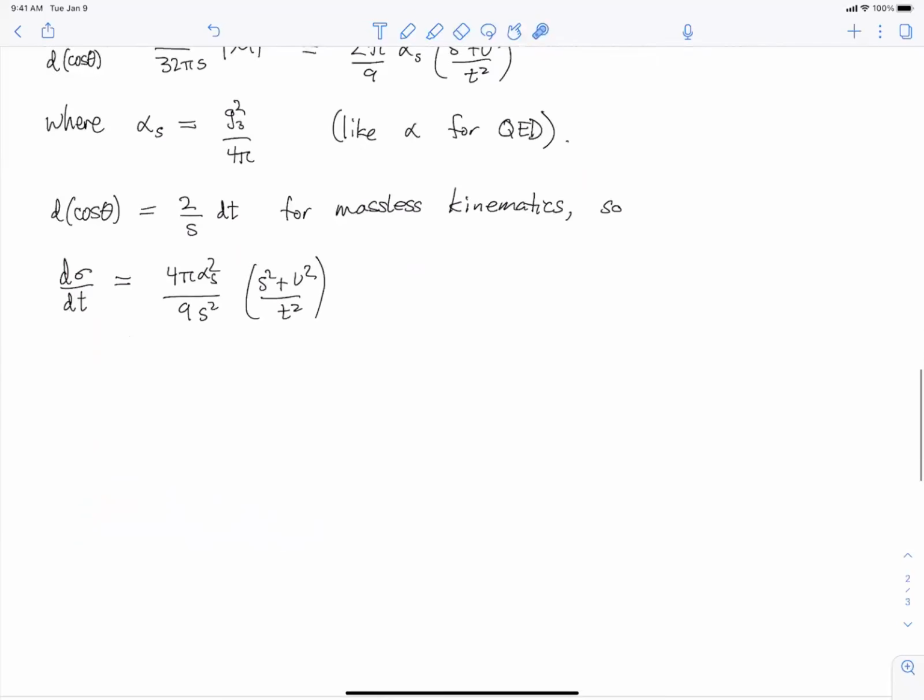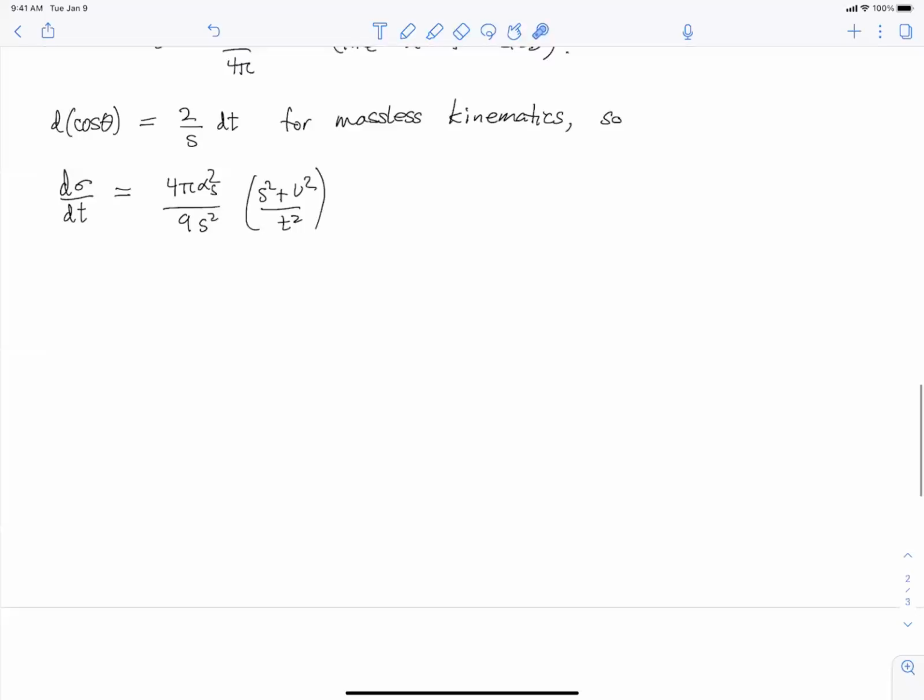Okay, so I want to spend a little bit of time before discussing how to actually use this formula. I want to discuss what will happen if you do radiative corrections to it, meaning loop diagrams. We've only done the lowest order diagram. And that's important because since alpha s is not a small number, it's more like a tenth at the Z mass, for example, we need higher order corrections in general to get a good answer.